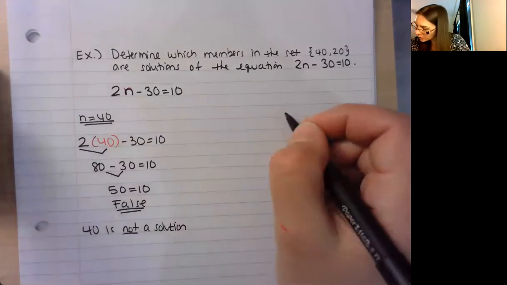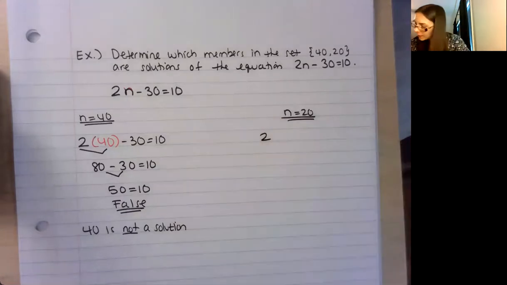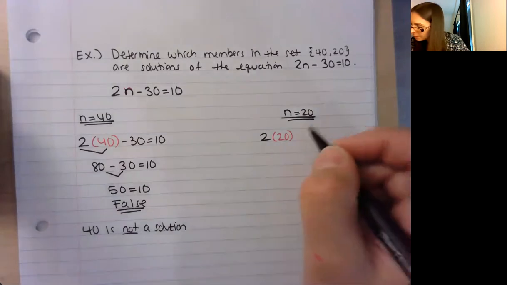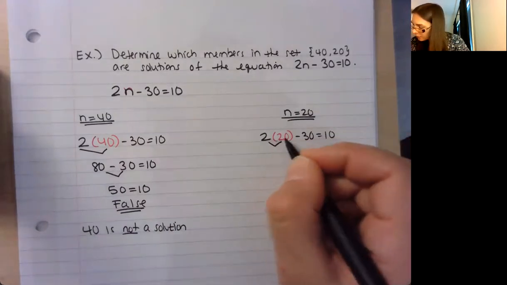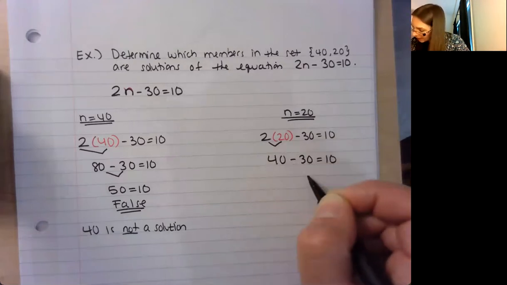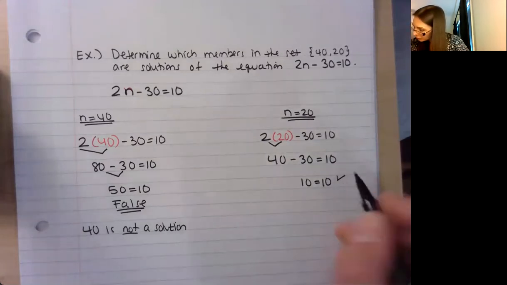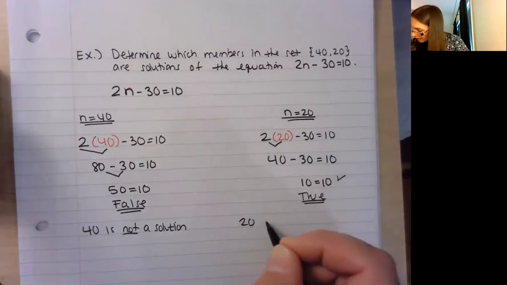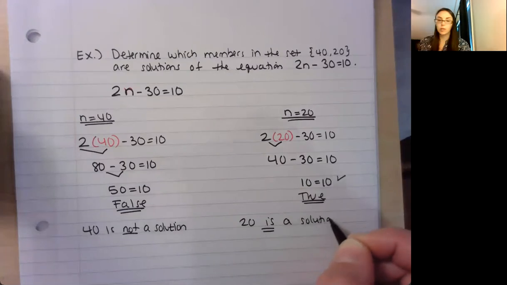Let's try n equals 20. I'll go back to my equation and replace the n with 20 this time. 2 times 20 is 40. 40 minus 30 is 10, and 10 does equal 10. This is true. So 20 is a solution to the equation.